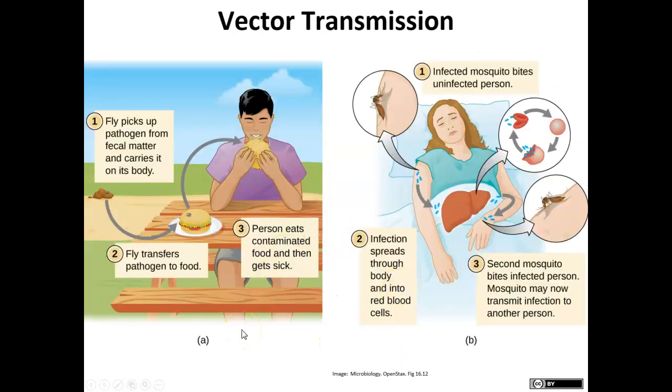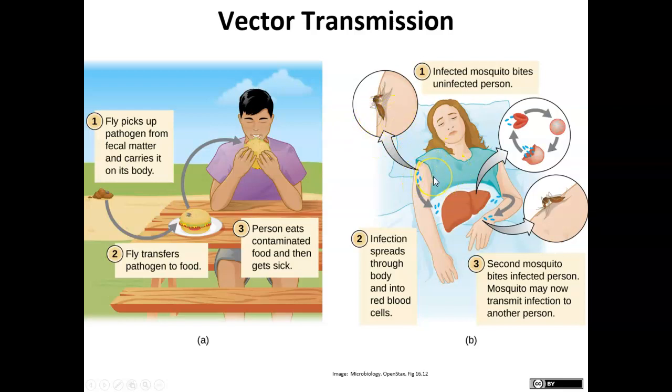Here you can see mechanical transmission, and it's kind of funny because they use the exact same thing. Here's a pile of poop, and then the fly lands on your sandwich, and then you eat it. And here is malaria. Here we have a mosquito eating from an individual who is ill. In this case, the mosquito is biting someone who's not ill, but the mosquito itself is infected.